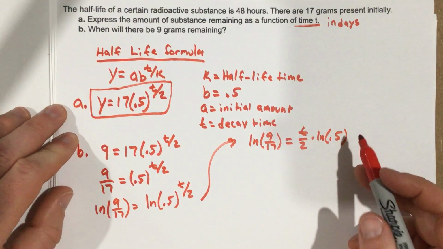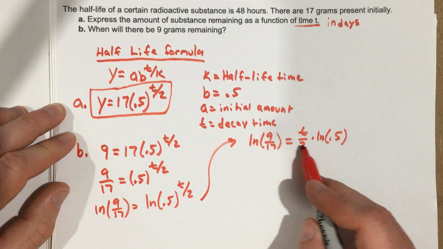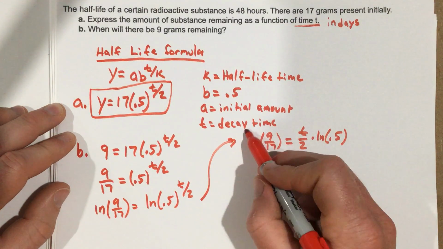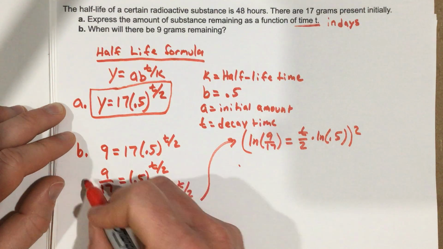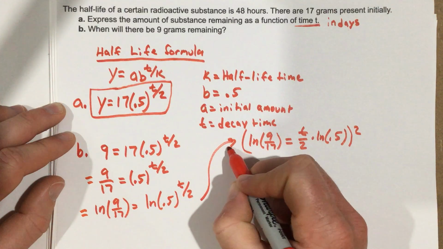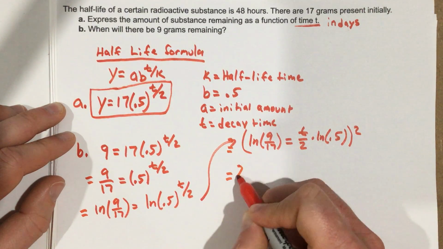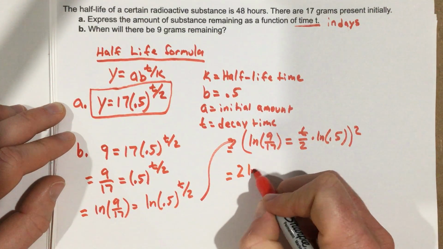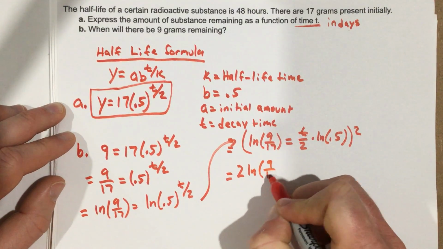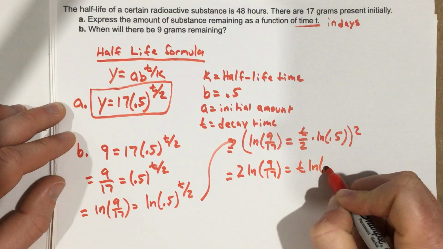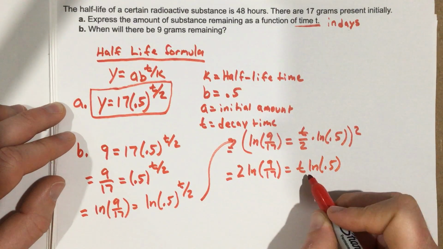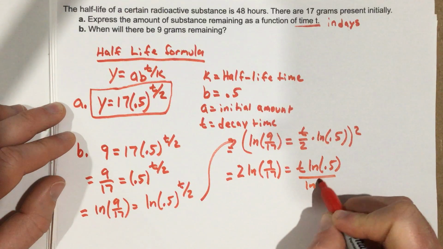Now I need to multiply each side by 2 to get rid of this denominator. So I'm going to take the whole thing times 2, and that'll give you 2 natural log 9 over 17 equals t natural log 0.5. Now let's divide each side by natural log of 0.5.